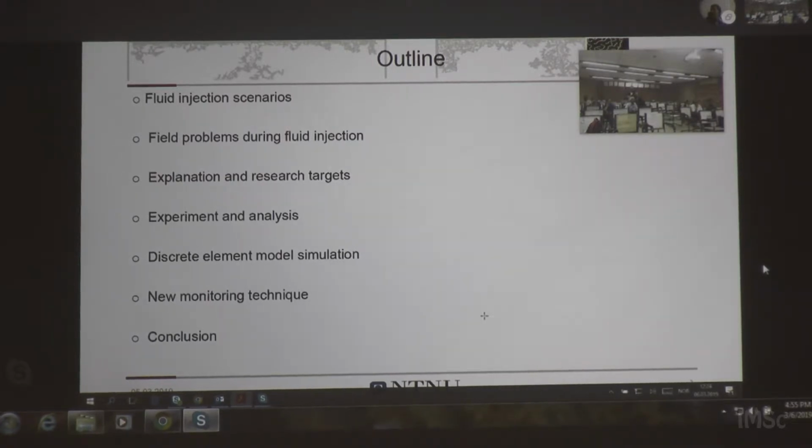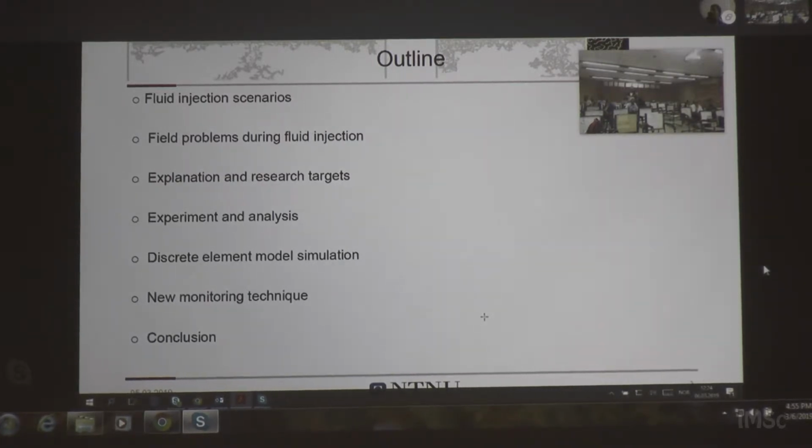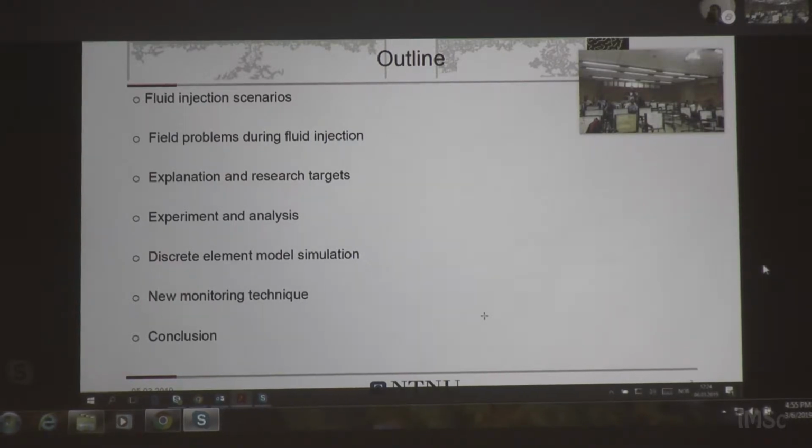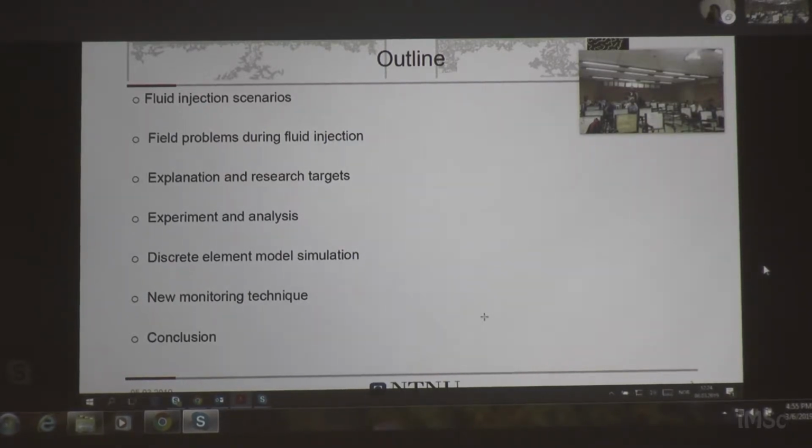Then we discuss experiments at our lab and how we analyze those data, what we get out of it. And then we try to develop a discrete element model to simulate the fluid injection situation and to find out the important parameters from our simulation.